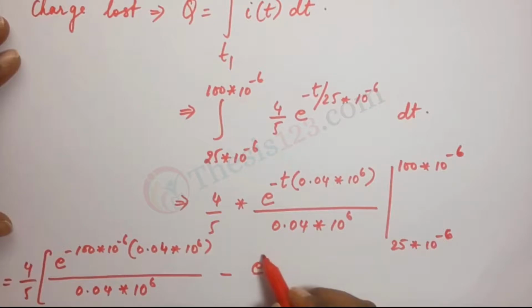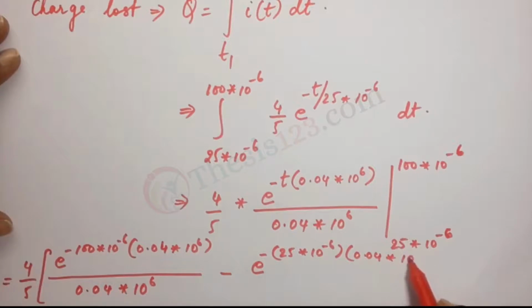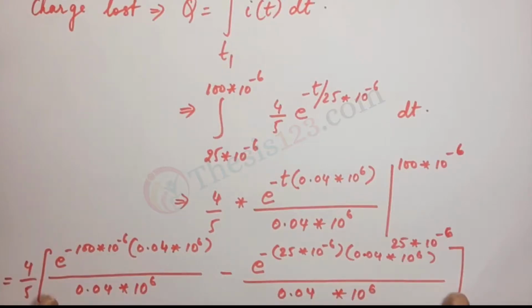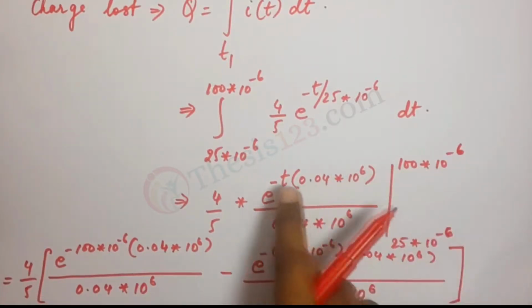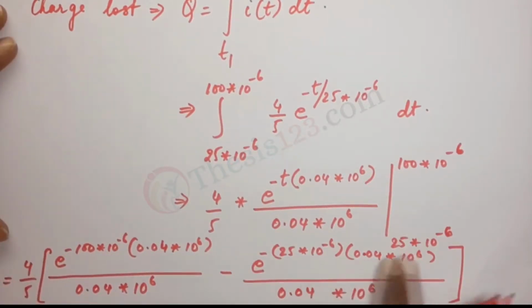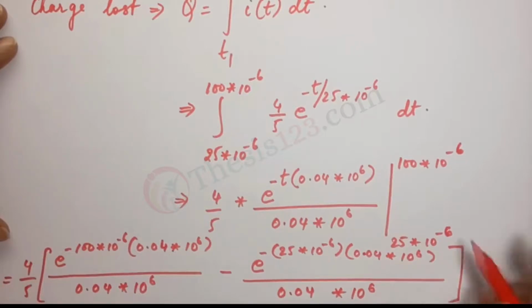Minus e to the power of minus, now we have the lower limit, 25 into 10 power minus 6 into 0.04 into 10 power 6, divided by 0.04 into 10 power 6. So this is the expansion, substituting the upper limit first and then the lower limit. This is the power of e: e to the power of minus lower limit times 0.04 into 10 power 6.